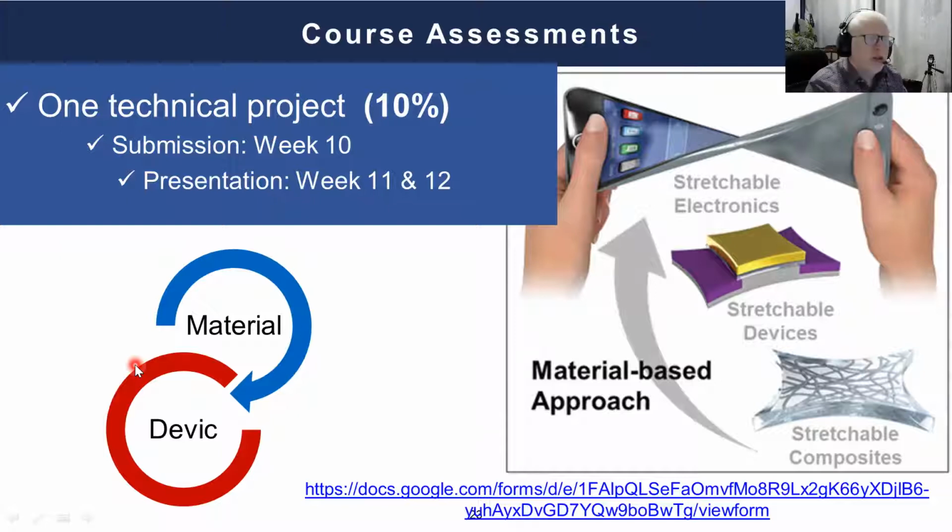So in order to have an electronic device, you first have to think about the materials that will be used to fabricate it. That's why we are creating this association between materials and devices. So simply, a material and a device that can be fabricated by this material. So this is the concept of our project. Again, I will show you more details later on.